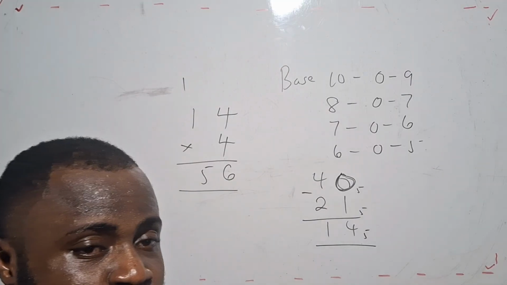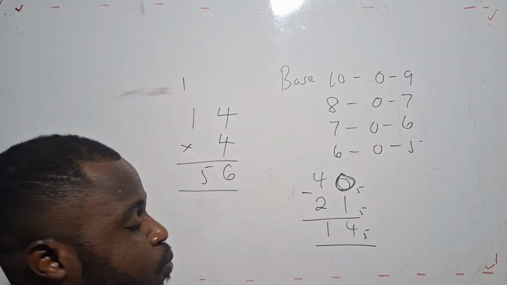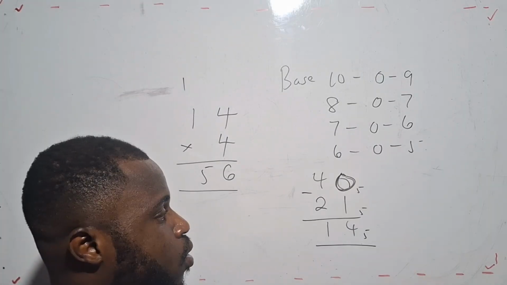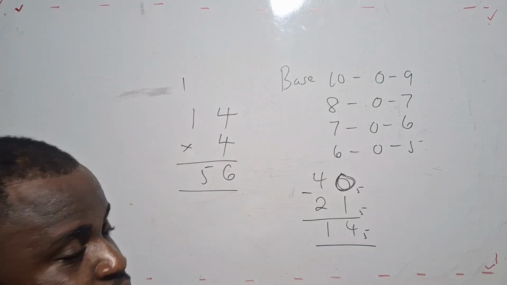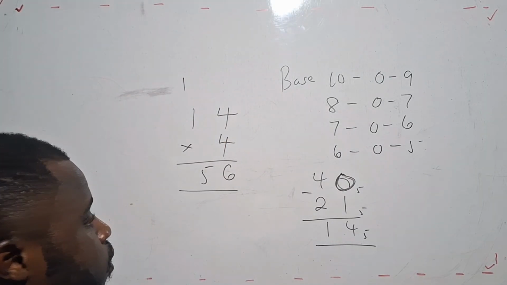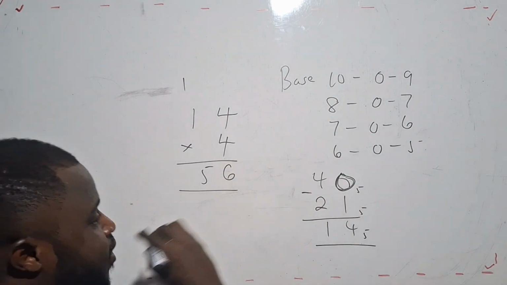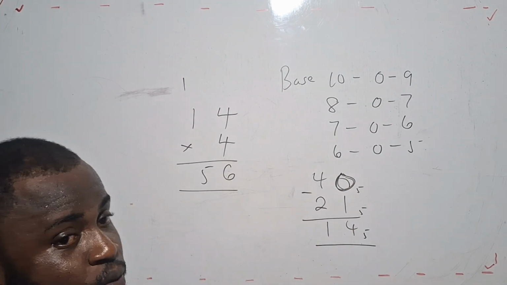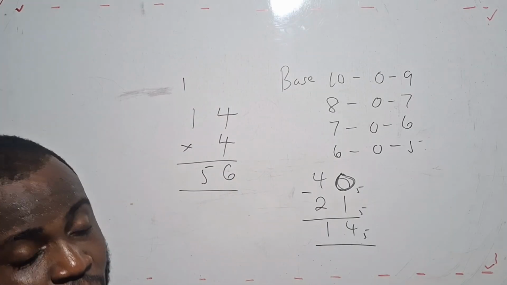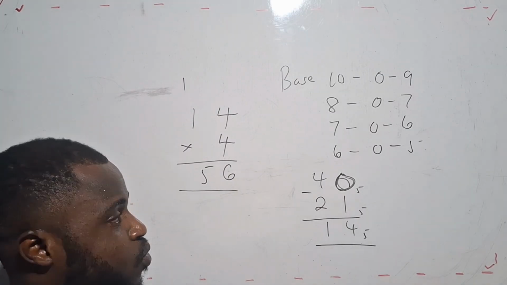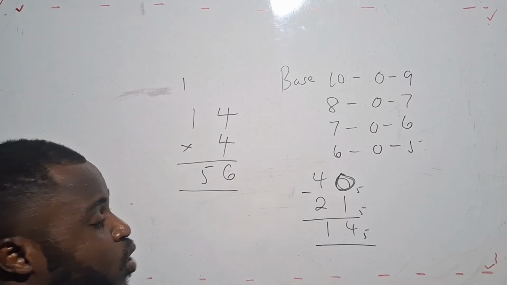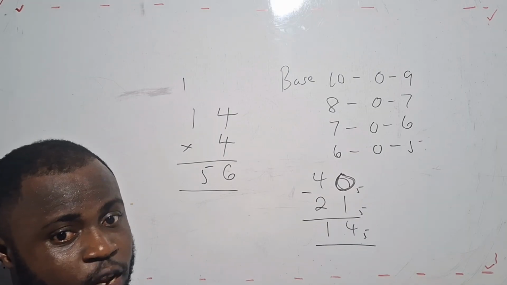So don't forget that with multiplication, when you multiply and there's a remainder like this one that I carry forward, don't say that because I'm working in maybe base 6, if I carry any remainder forward, that one too will carry 6. No, that only applies when you are subtracting in a particular base.